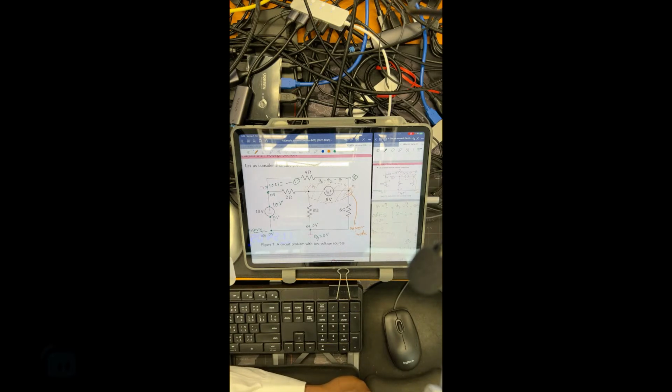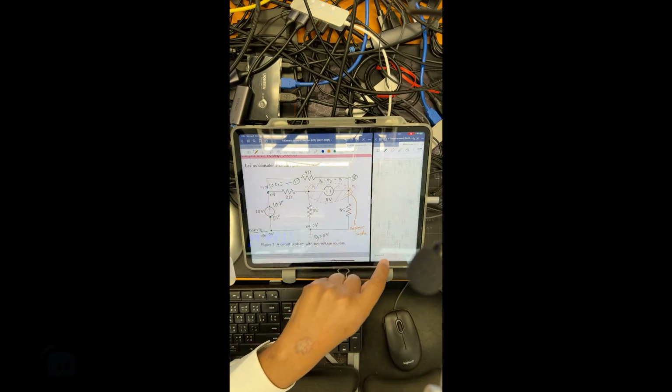How many branches do we have connected to this node?